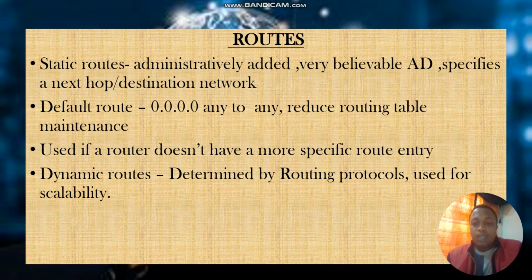We have what you call the default route, and this is done to help reduce the routing table maintenance. A default route just means that if you receive traffic from a user inside your network and you don't know where this traffic is supposed to go, you're going to use any available next hop router that is closest to that destination network that you want to route to.